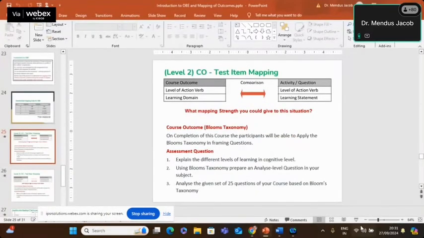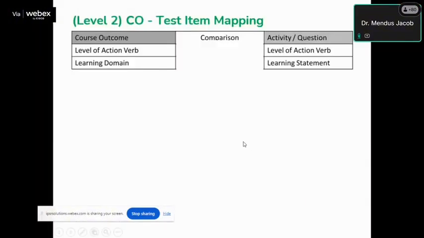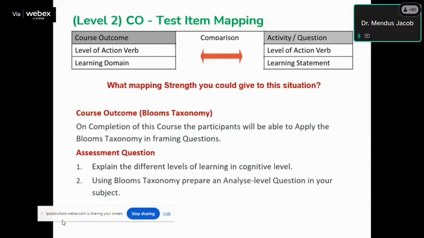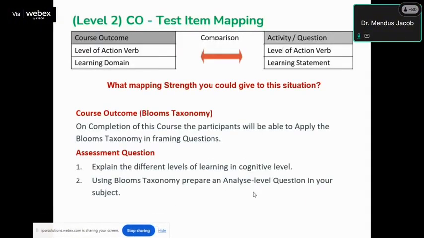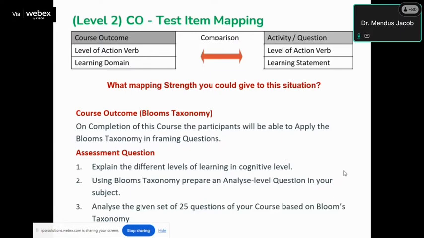Now, I have the third question. Analyze the given set of 25 questions of your course based on Bloom's taxonomy.